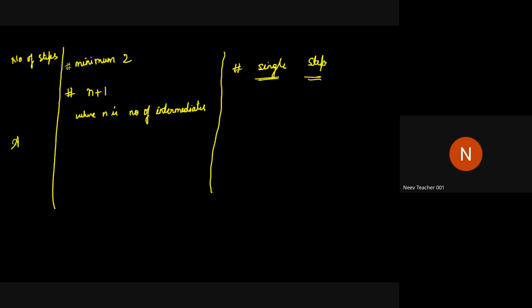Activation energy. Which requires higher activation energy for the reaction to occur? SN1? No. Everyone thinks like that because we need to break a bond, so we think that SN1 will require higher activation energy. That is not true.